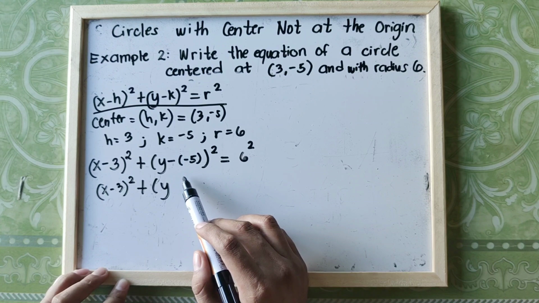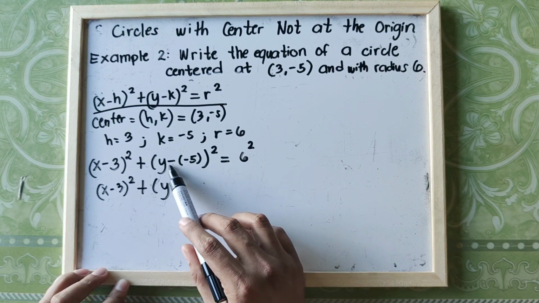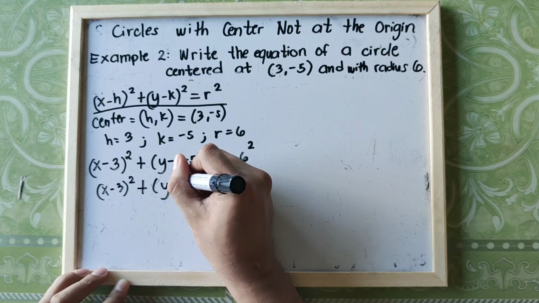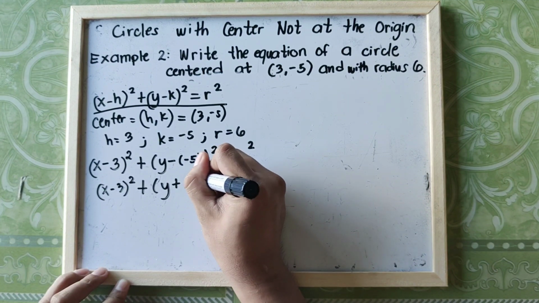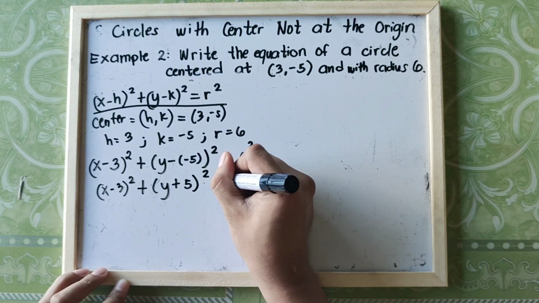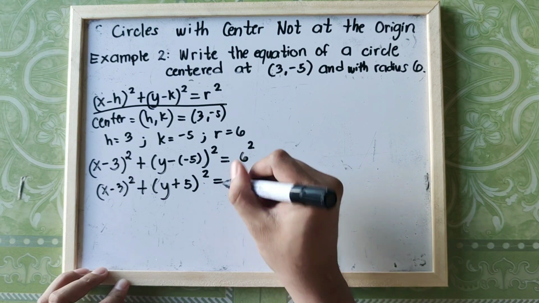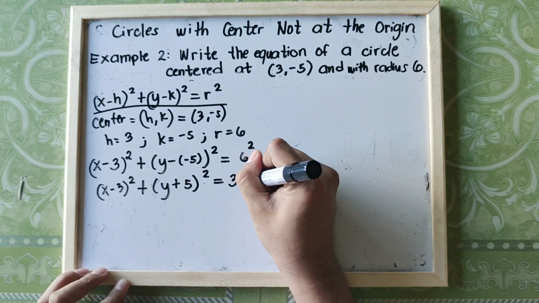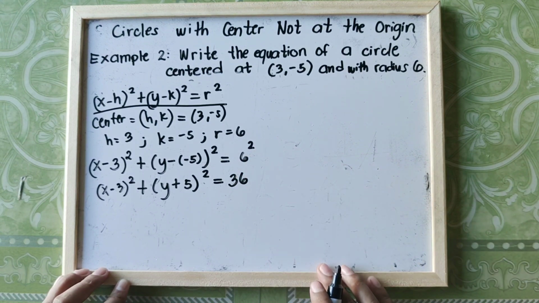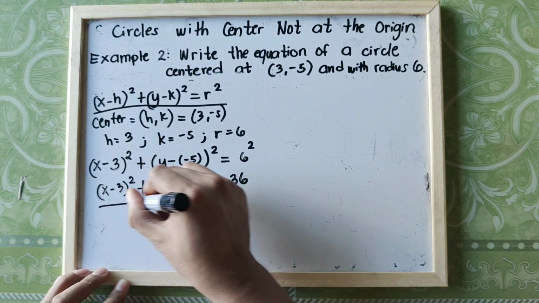Example, -3 times -3 is +9 because we are multiplying two negative numbers. So negative times negative is positive. So it will become +5. And of course, 6 squared, 6 times 6 is 36. So now, our equation is this one.